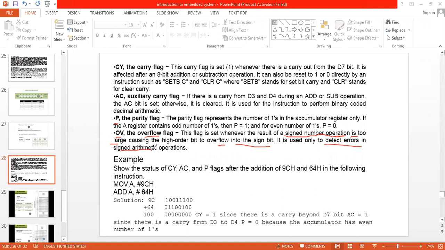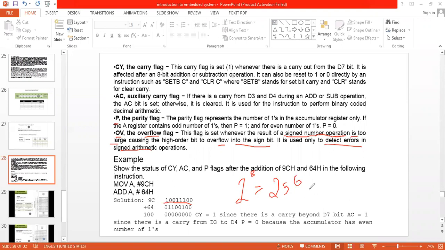Now how is it going to be updated? We have the maximum capability to operate on 8 bits. 8 bits means 2 raised to 8, which is 256. So what is the range of an unsigned number?